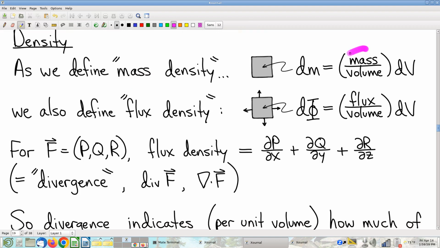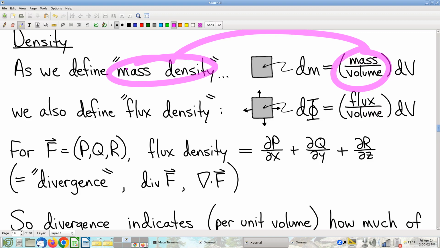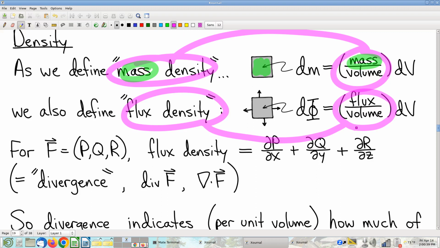fine. Well, this, for example, is mass density, because it says how much mass stuff in that region per unit size. Said differently, it's what you multiply by size to get stuff, right? The old notion of density, again, this is the most common, everybody's first concept of density. Well, modeling on that, let's talk about flux density.